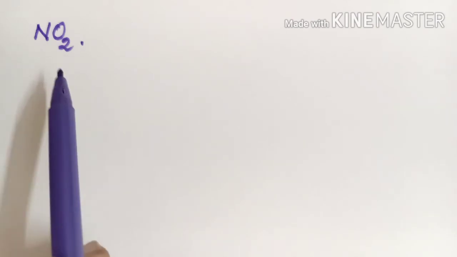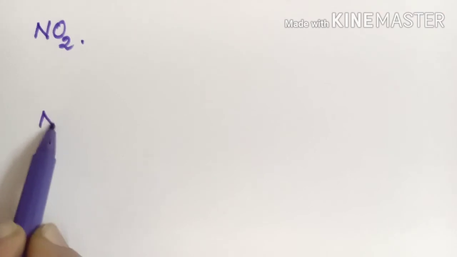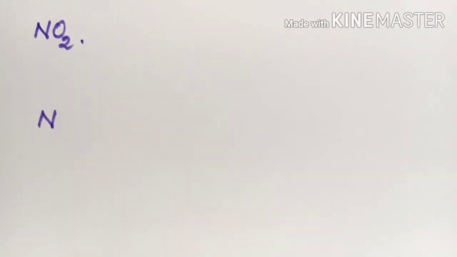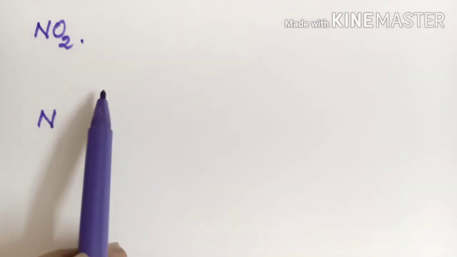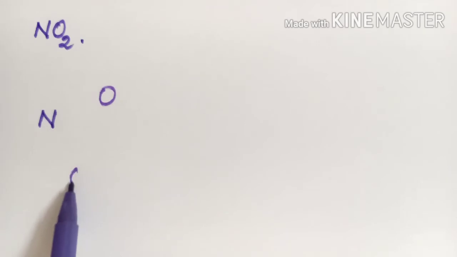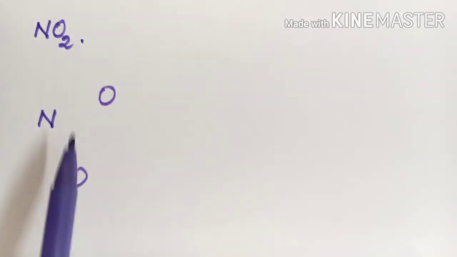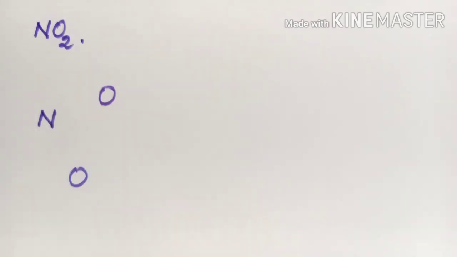Evidently, nitrogen becomes the central atom. You know that nitrogen has 5 valence electrons. Its valency is 3. And so the oxygens will be arranged on either side. Here we are just drawing the angular structure of nitrogen dioxide.